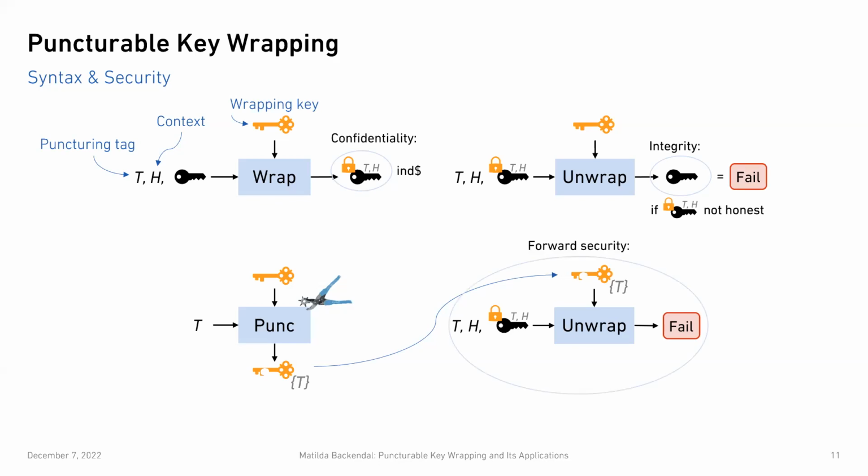And forward security, which is exactly this property that unwrapping using a puncture tag on the ciphertext with that puncture tag will fail. Now, it turns out that the applications that we're interested in need slightly different flavors of these security notions or combinations thereof. So in our paper, we explore various levels of security for puncturable key wrapping schemes and also relate them.